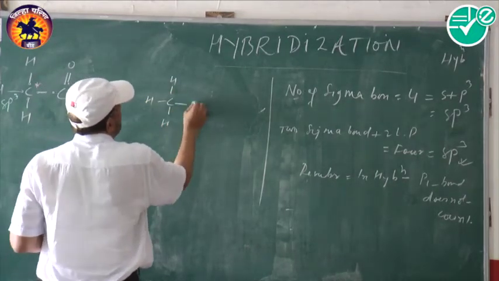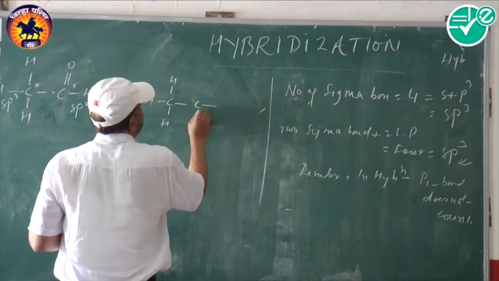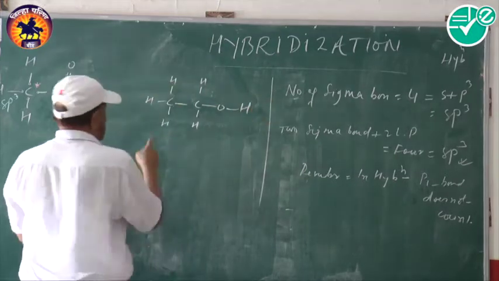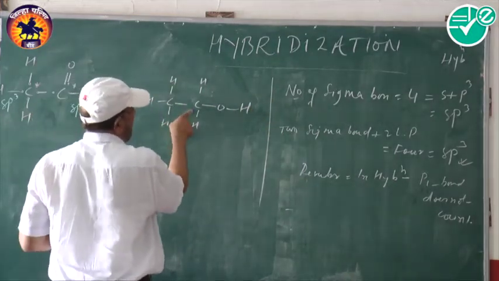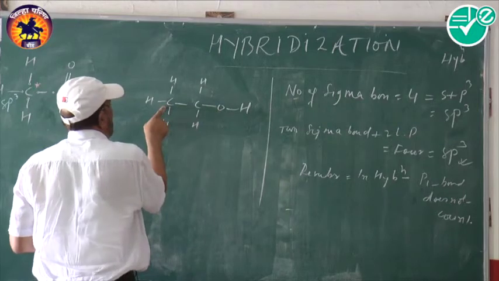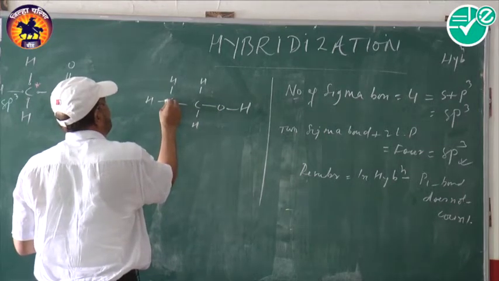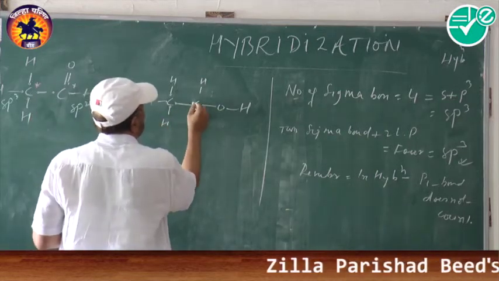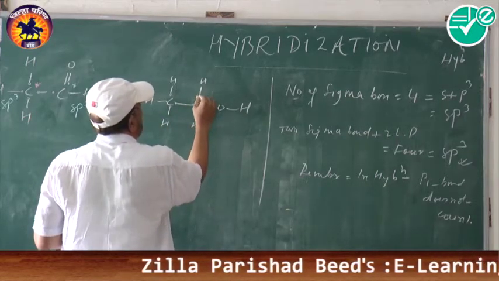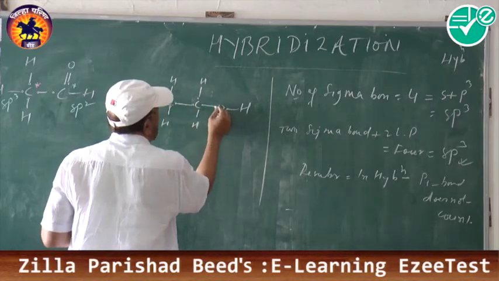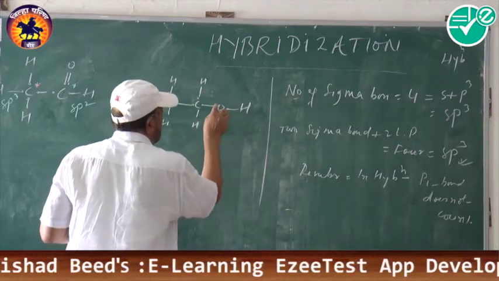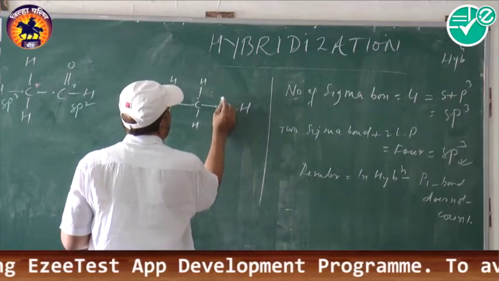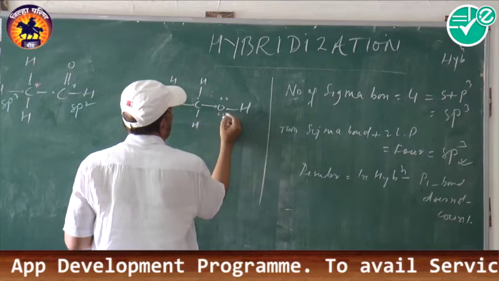Again, this is your ethyl alcohol. This is the central carbon, central oxygen. Carbon belongs to group 4, therefore there are 4 electrons.